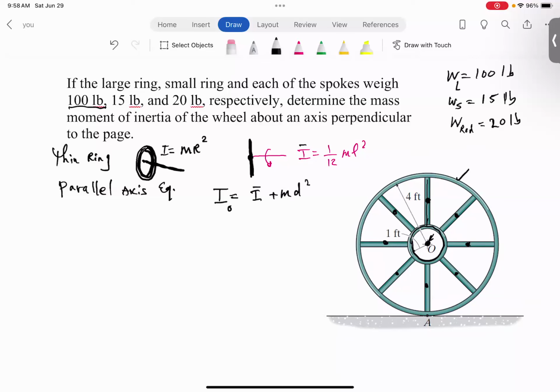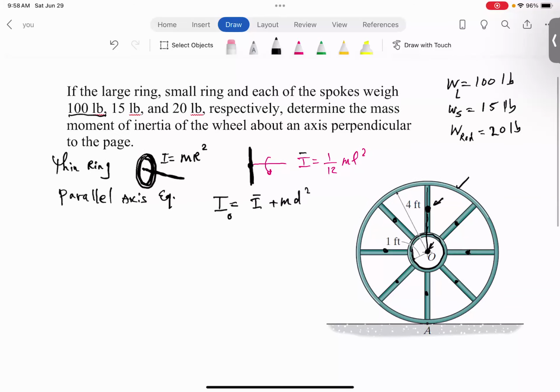d would be the distance between the axis through this point, and it's the same for all the other points, and O, the axis that you want to move to. If you look at it, you see the radius of the larger ring is 4. The radius of the smaller ring inside looks like 1.